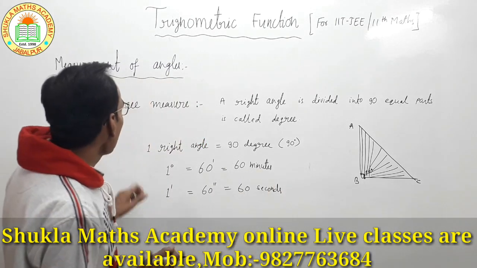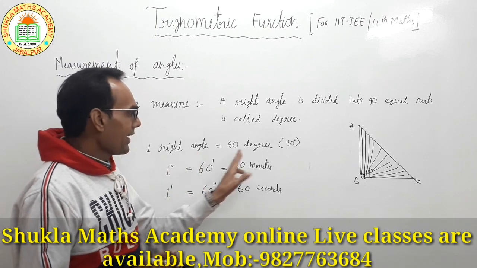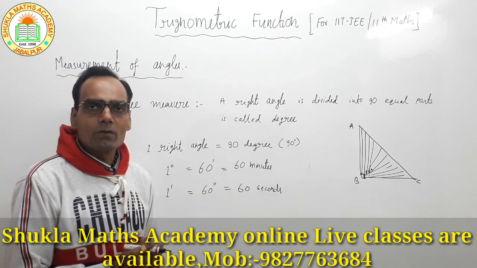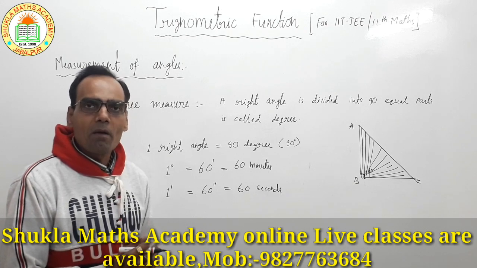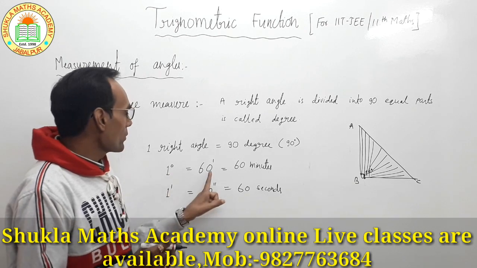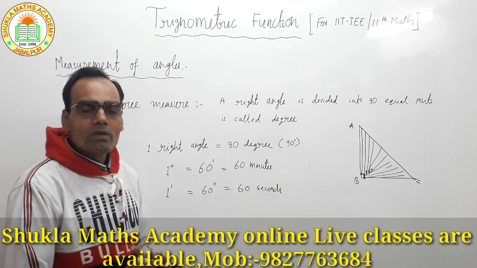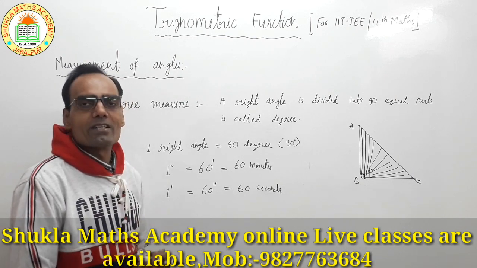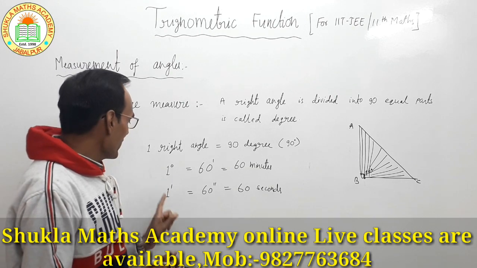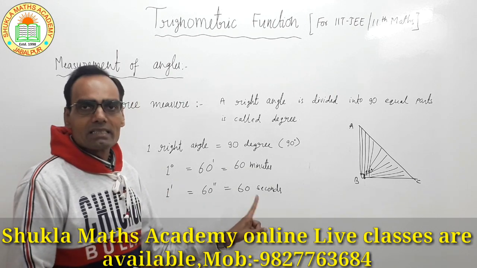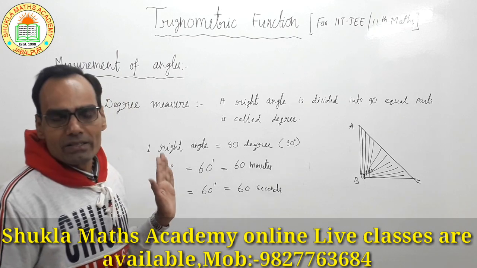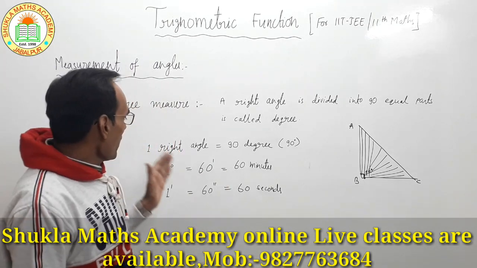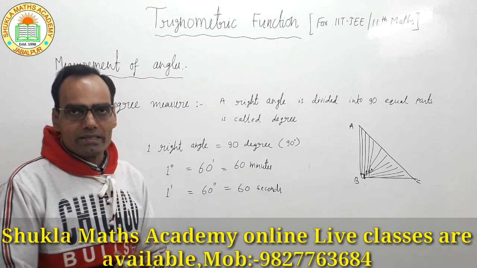One right angle is 90 degrees, and 1 degree is divided into 60 equal parts, that is called 1 minute. So 1 degree equals 60 minutes, and the minute is divided into 60 equal parts, that is called seconds. So 1 minute equals 60 seconds. This is the measurement of an angle in degrees, minutes and seconds.